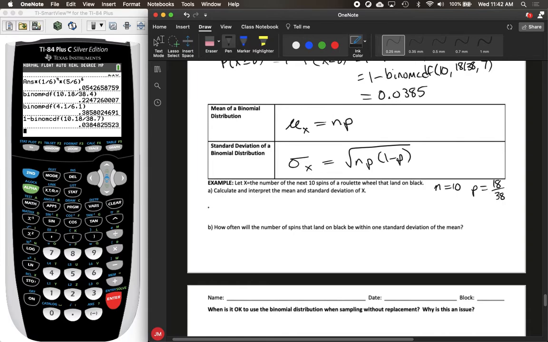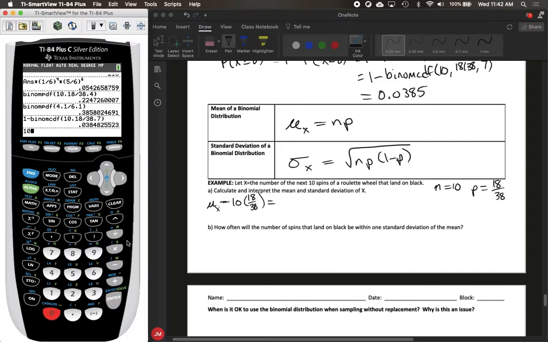So to find the mean, we're going to take n, which is 10, multiplied by p, which is 18 out of 38. So if we take that 10 multiplied by 18 out of 38, we're going to get that that is equal to 4.74.